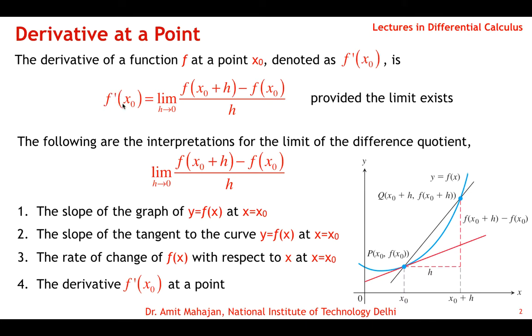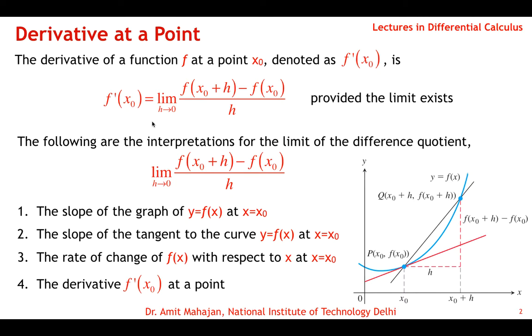So f dash x naught means the derivative of the function at the point x naught, and this notation was used by Newton. There is another notation: we can also write the derivative as df by dx if we are differentiating with respect to x. So we can write df by dx at the point x naught, and d by dx is like an operator notation similar to what Leibniz used.